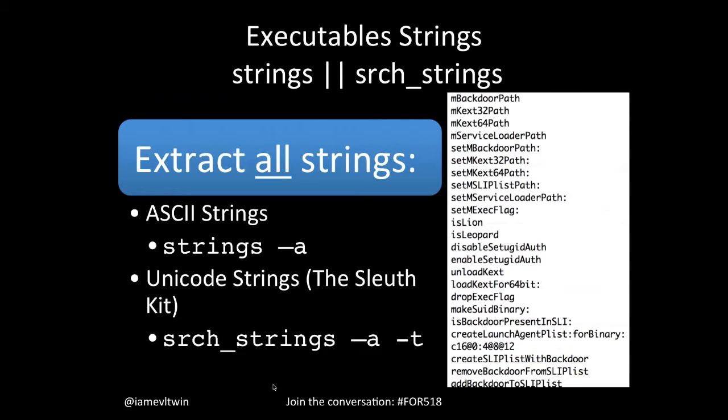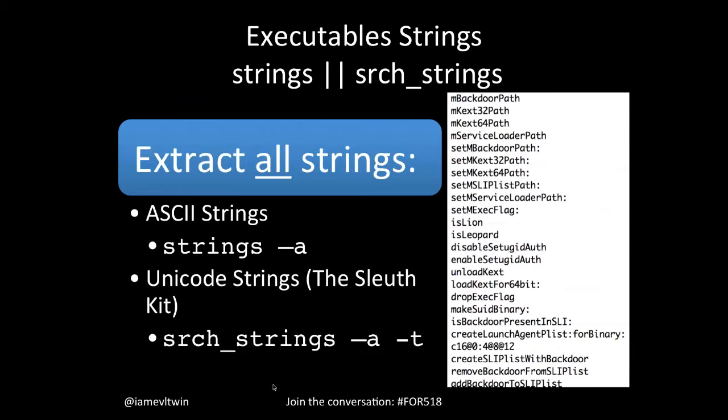Another tool that we can't forget is strings, or search strings from Sleuthkit. The problem with strings on Mac, the one that comes with Mac, is that it doesn't do Unicode strings. And what does Mac really like? Unicode strings.